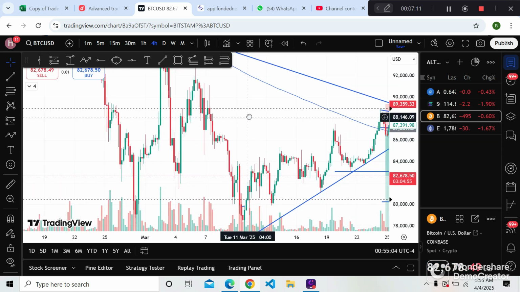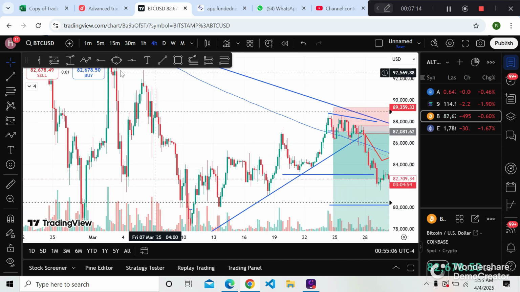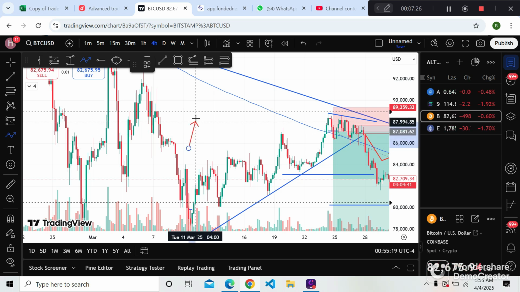So that's just it. And remember, for the order block to be valid, remember what I taught you about price action. If you haven't watched it, go to my previous video to watch what market structure is. Now, in order for an order block to be valid, price has to form an anchor and break above that anchor.